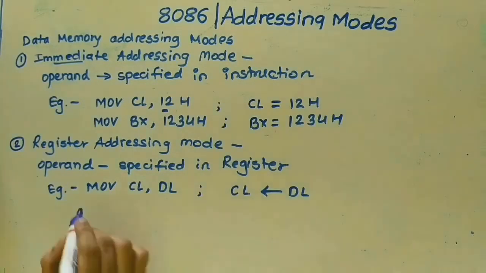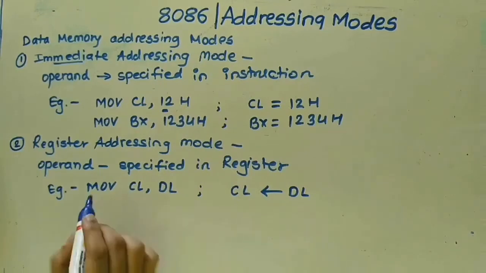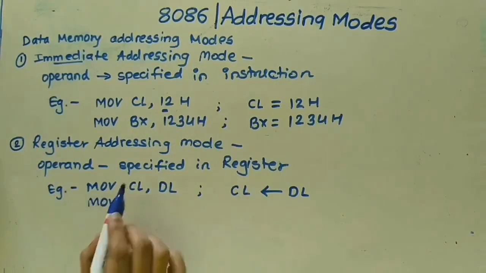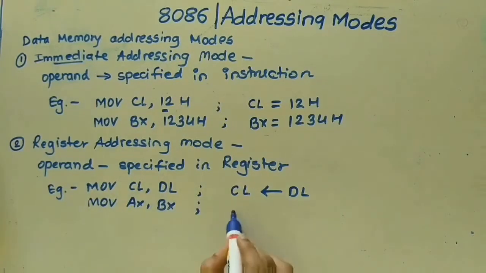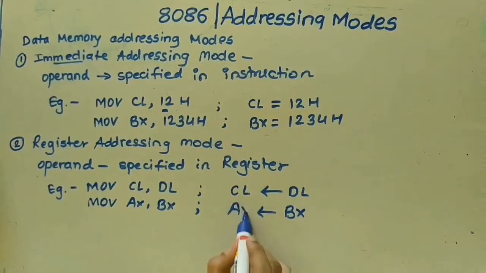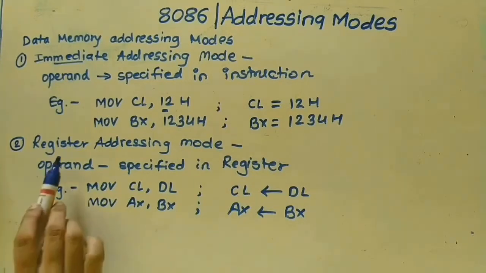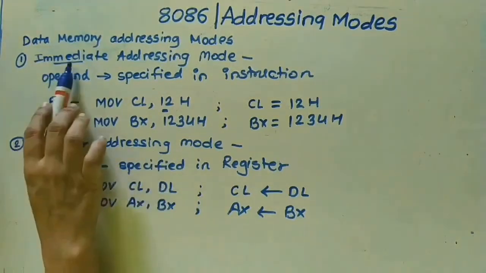It is an 8-bit operation. Let's consider MOV AX, BX. After execution, the contents of the BX register are moved into the AX register. So this is register addressing mode and the previous one is immediate addressing mode.